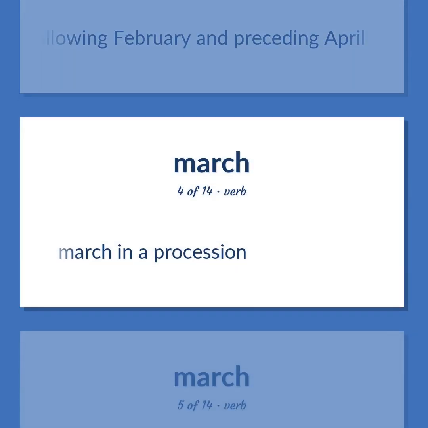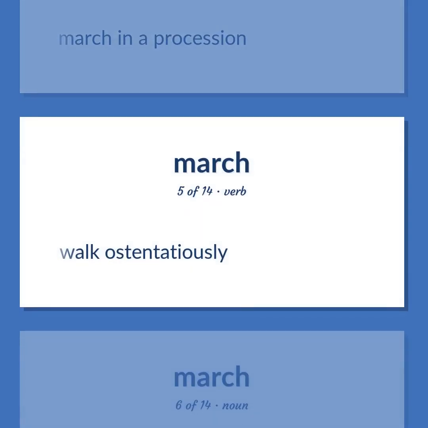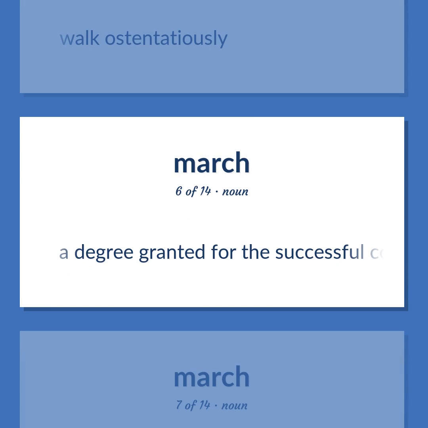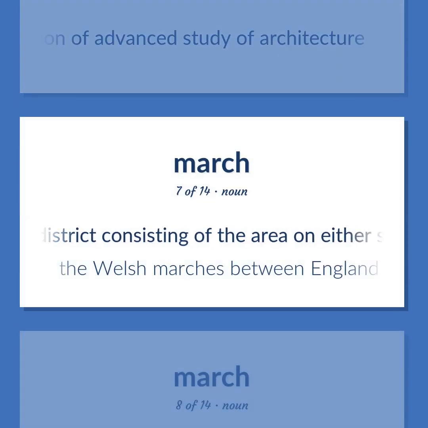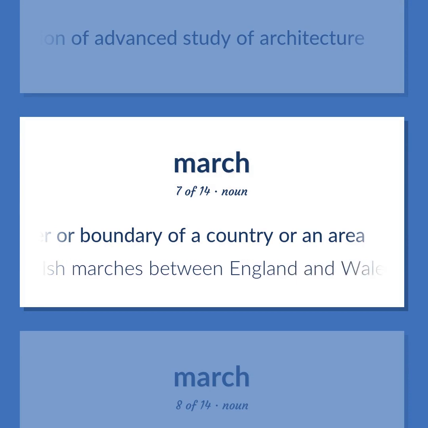March in a procession. Walk ostentatiously. A degree granted for the successful completion of advanced study of architecture. District consisting of the area on either side of a border or boundary of a country or an area. The Welsh marches between England and Wales.